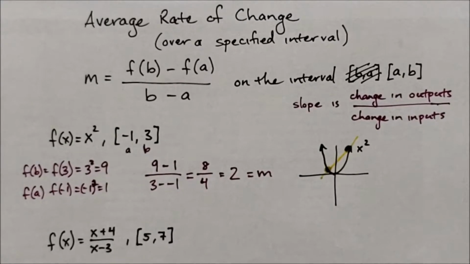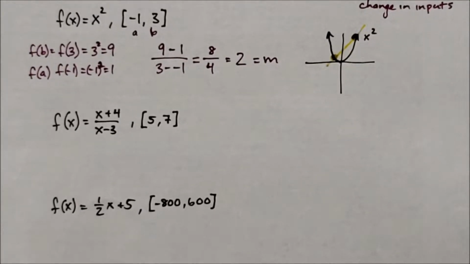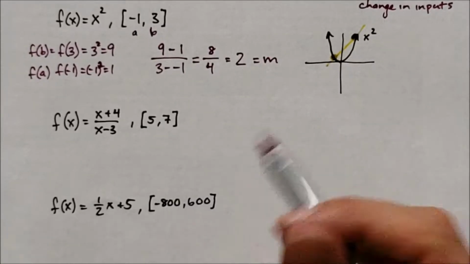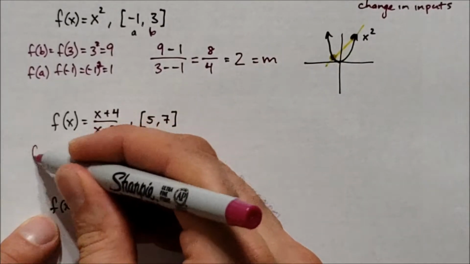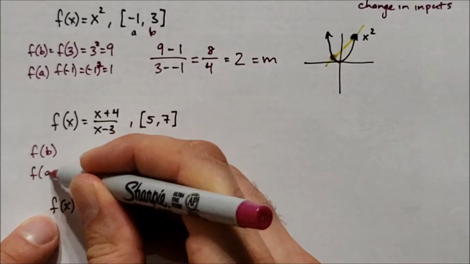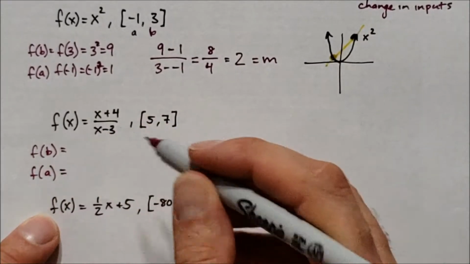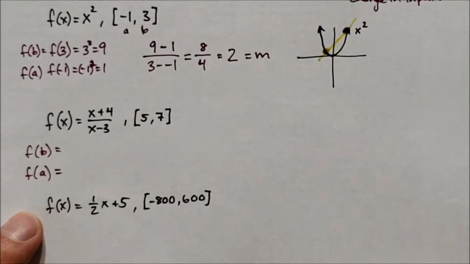The function x plus 4 divided by x minus 3. Again, change in outputs divided by the change in inputs. We're still using the same function. Let's identify what f of b is and f of a. We'll do this on the side so we make sure that we're not using incorrect numbers.